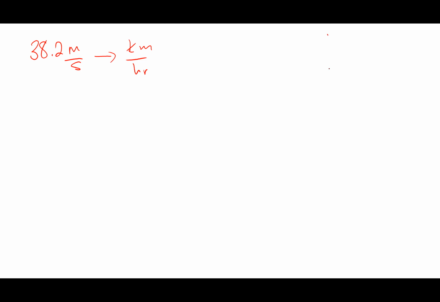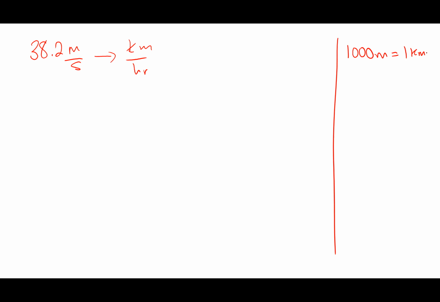On the right side of my screen I'm going to make a list of my conversion factors. I want to go from meters to kilometers, and I know there's 1,000 meters in 1 kilometer. That will take care of my kilometers.